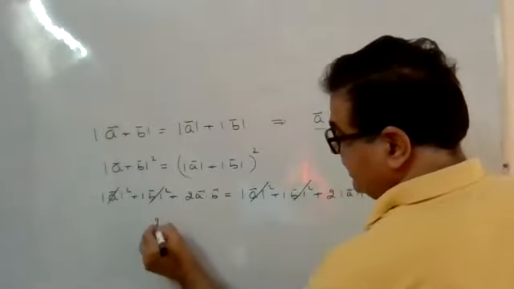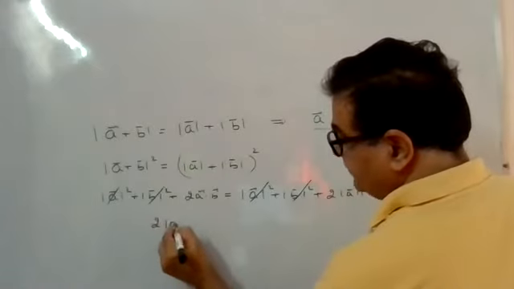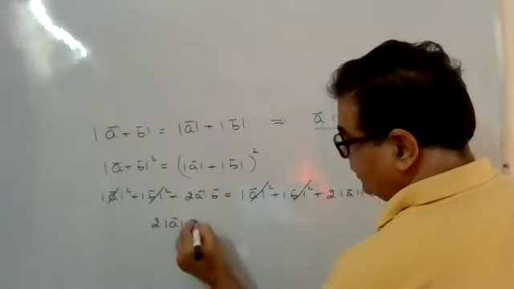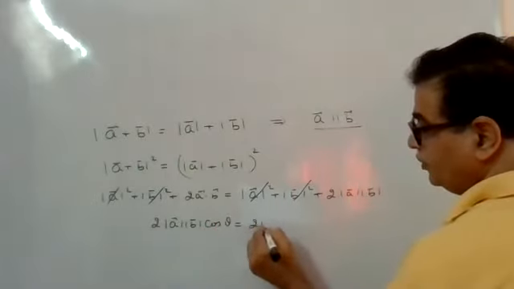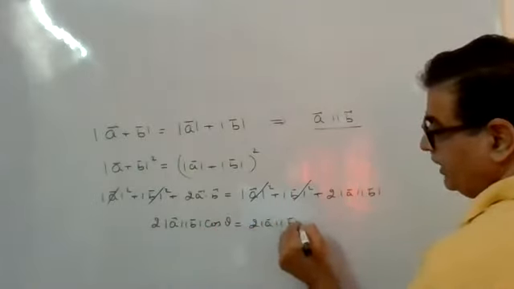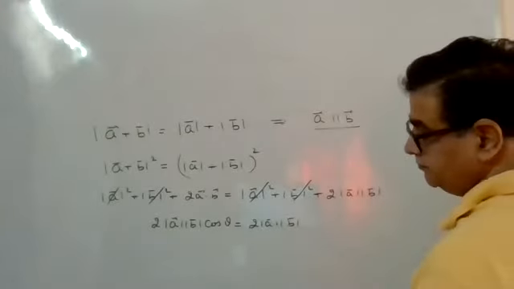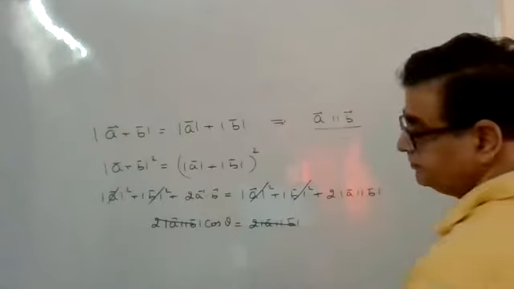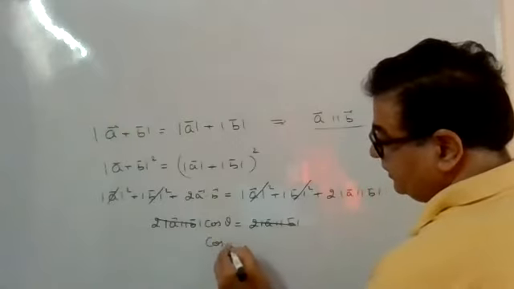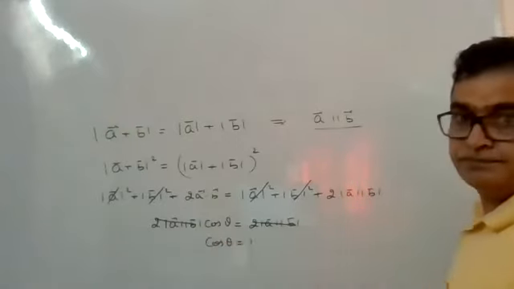Then I'll write this as twice A dot B, which means magnitude A magnitude B cos theta, comes out to be twice magnitude A magnitude B. Then this part clearly cancels out. I get cos theta comes out to be 1.